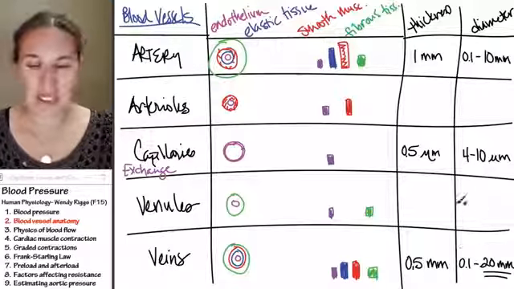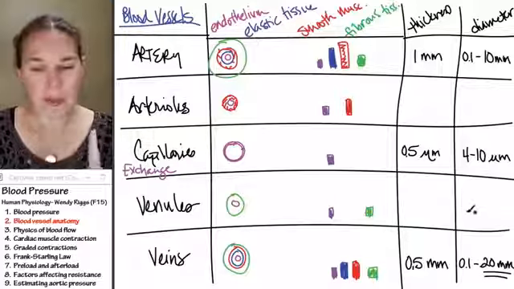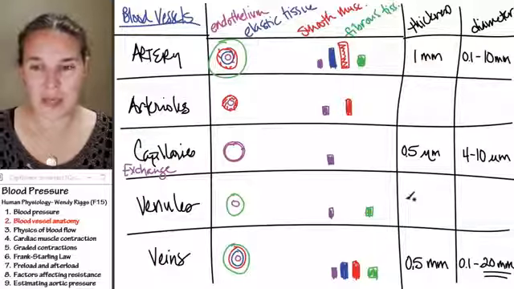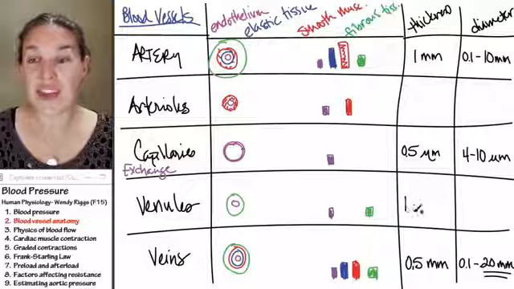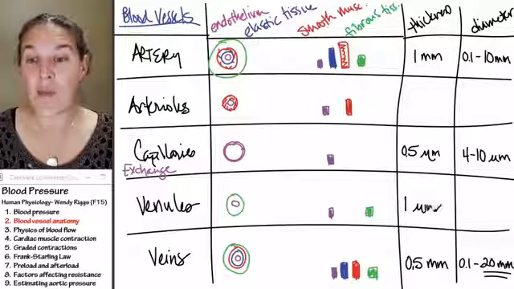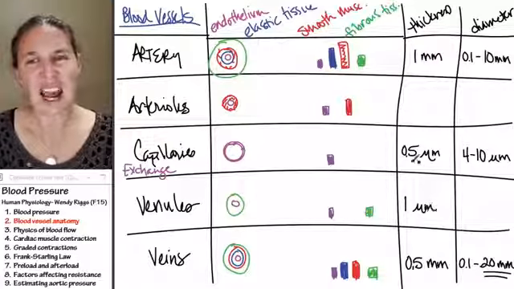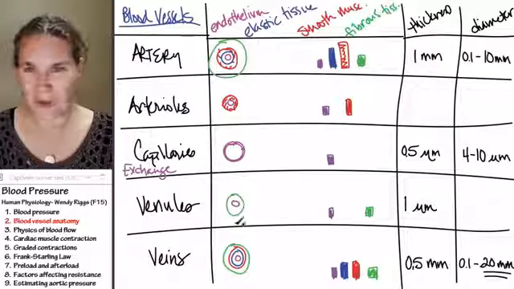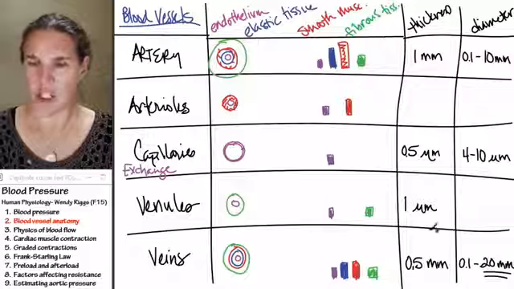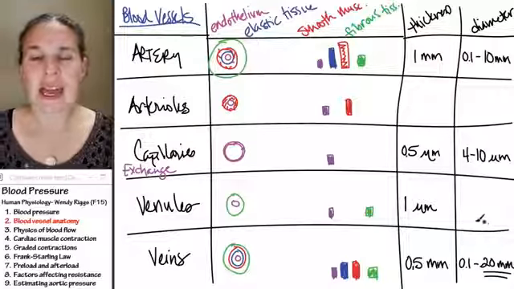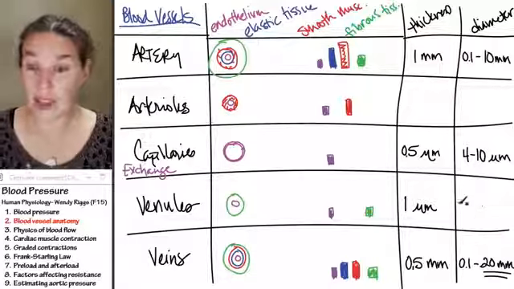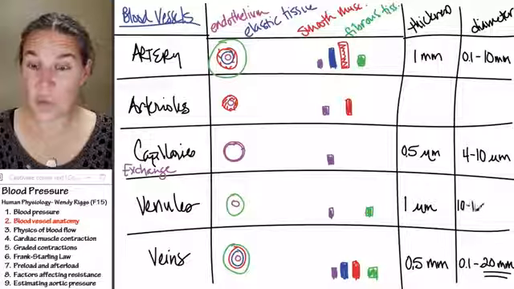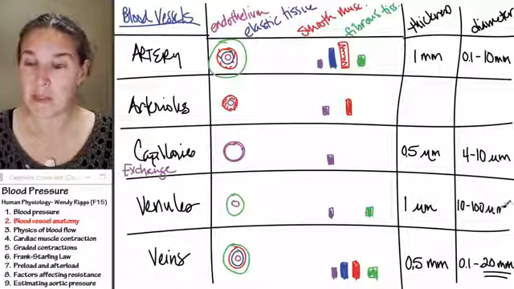Now, venules, you're going to expect them to be smaller. We're going back into micrometer land. The venules have a thickness of about 1 micrometer. Makes sense, not half a micrometer like a capillary, but 1 micrometer because we added a half a micrometer of fibrous tissue around the capillary. The diameter of a venule can range from 10 to 100 micrometers.